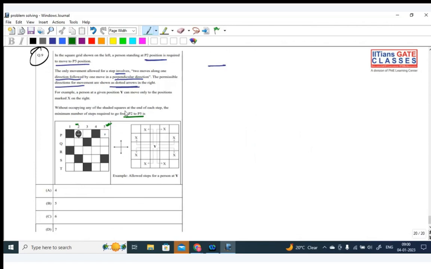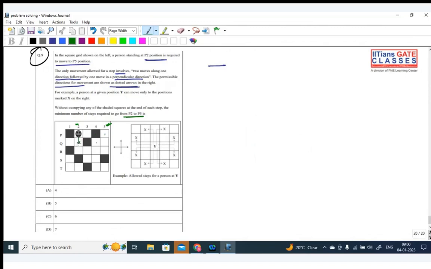Understand? So what you can do here is start with P2, and move one step down. Then you can move in this direction from P2.